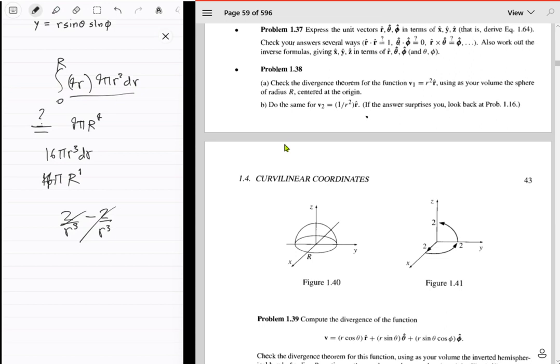The right hand side is just a flux. You get 4 pi r squared times 1 upon r squared, which is 4 pi. So the flux is 4 pi, and the left hand side should also be 4 pi. I guess we just have to say that we don't know what's going on over there, or that maths breaks down because of the discontinuity. Whatever, just move on.